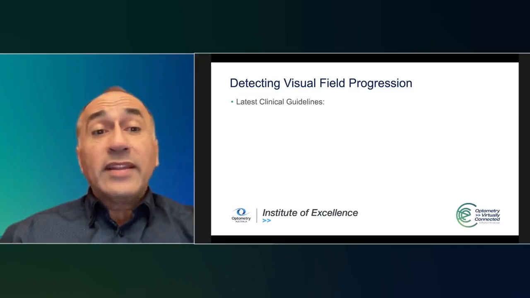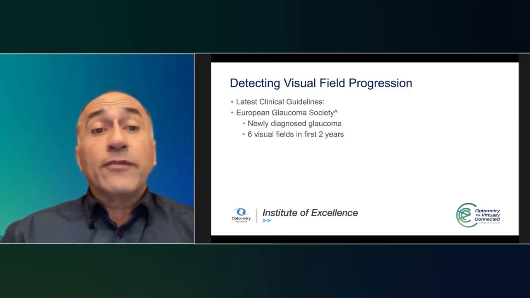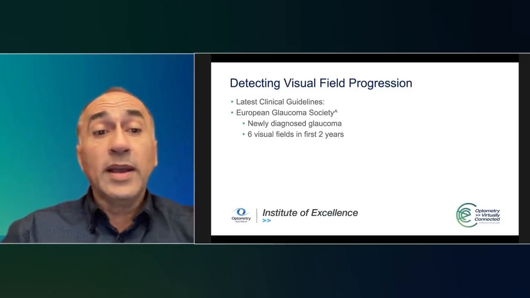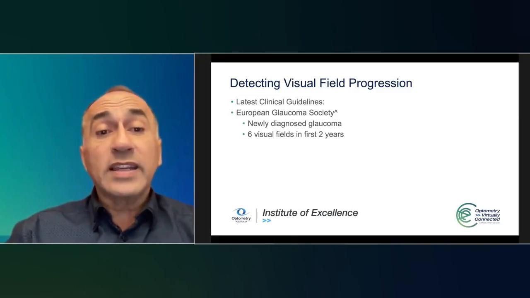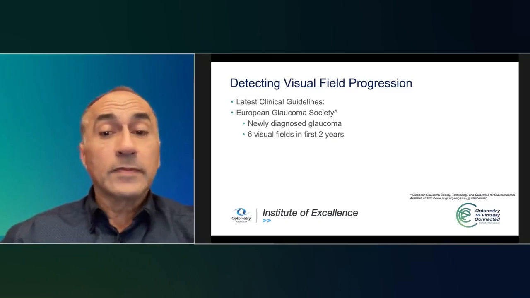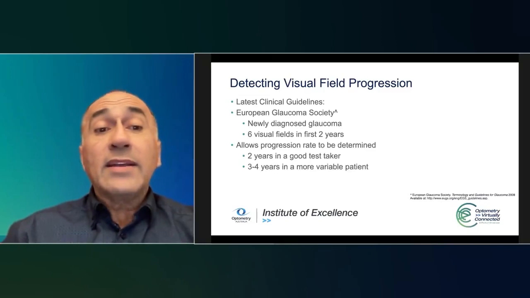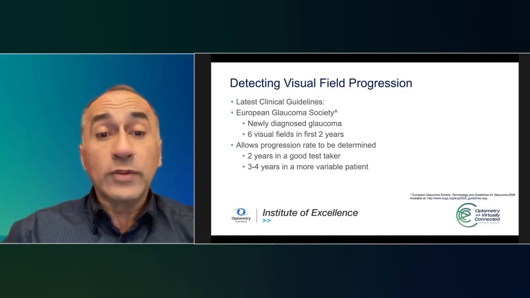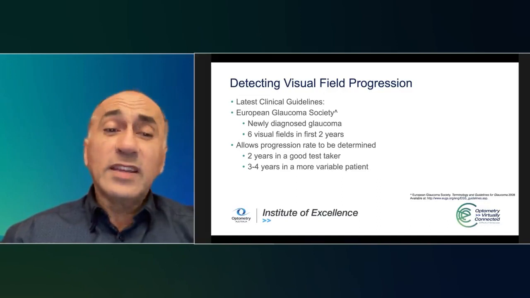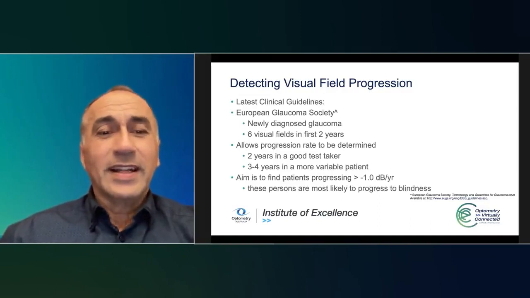So based on that, the latest clinical guidelines coming out from the European Glaucoma Society say that if you've diagnosed someone with glaucoma, you need to have 6 visual field tests in the first 2 years after starting treatment. That allows the progression rate through trend analysis to be determined in about 2 years if you have a good test taker, and about 3 to 4 years if the patient is a more variable test taker.